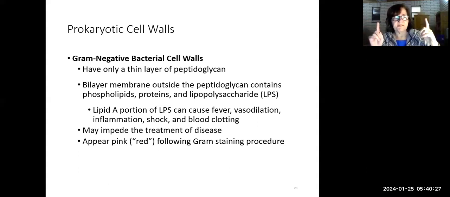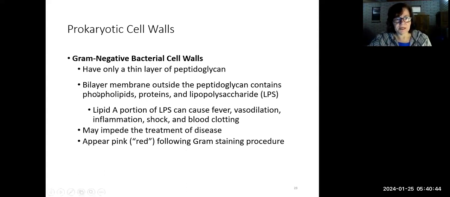But once that infection starts being treated and the gram-negative bacteria start being killed off, that lipid A is released, and that causes all manner of problems in humans. We've got symptoms like fever, vasodilation.